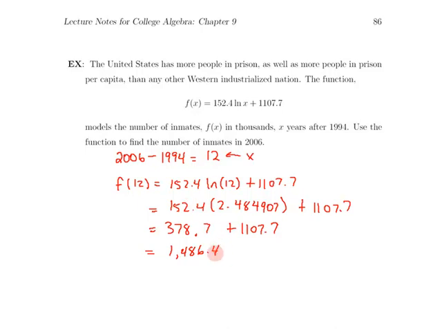Now that's in thousands, right? So 1,486,000. So 1,000 means basically that I'm going to have 1,486,000. So I move the decimal place 3 to the right. In other words, I have this many inmates. 1,000,000 is a million, by the way, in case you were unaware.